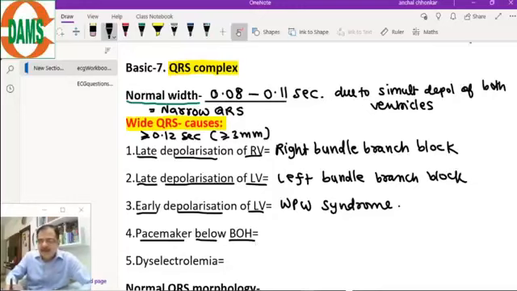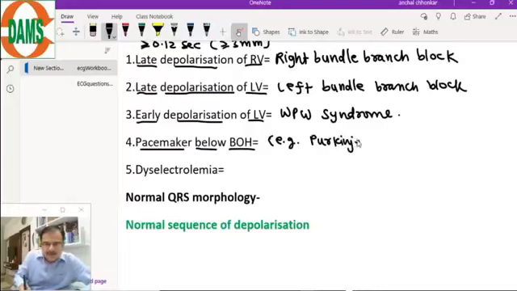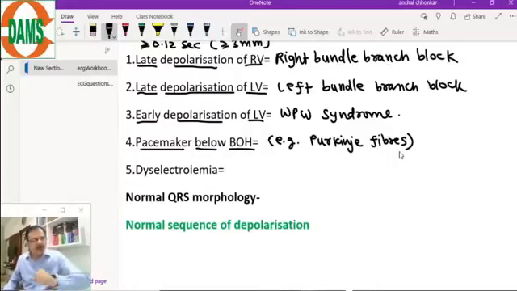So, a pacemaker below the bundle of His for the ventricles, for example Purkinje fibers, yes, idioventricular rhythm. So the pacemaker is below the bundle of His, so the common pathway is not there.